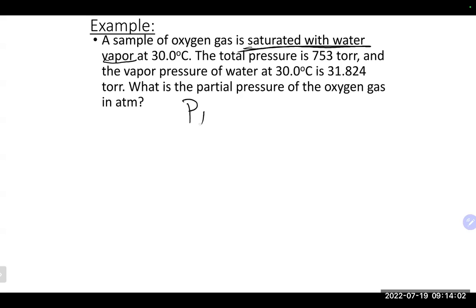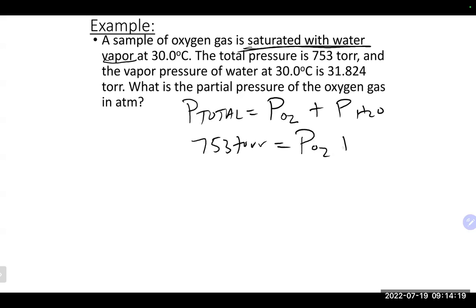So in this case, the total pressure would be the pressure of the gas we're interested in, which is the oxygen gas, plus the vapor pressure of water. In this case, they did give us the total pressure, which was 753 torr. The pressure of the oxygen is what we're interested in. And this is a table value, which is where that value comes from.